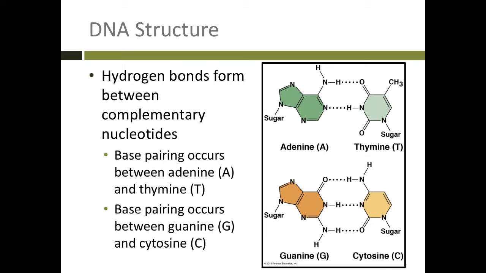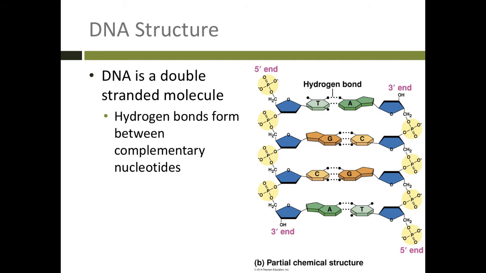The reason for this is that both adenine and thymine have room for 2 hydrogen bonds. Guanine and cytosine both have room for 3 hydrogen bonds. In this way, the 2 sides of the DNA molecule are held together by hydrogen bonds between the nucleotides, a concept we refer to as complementary base pairing.